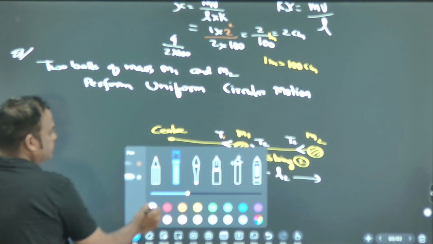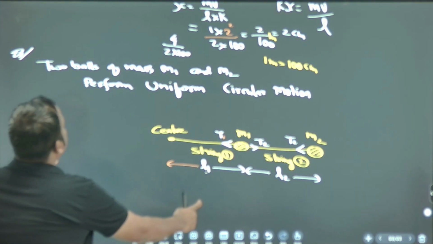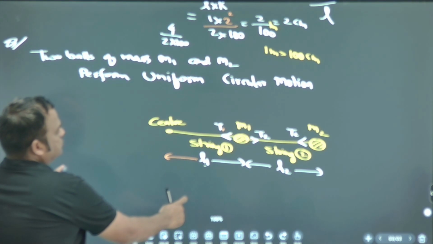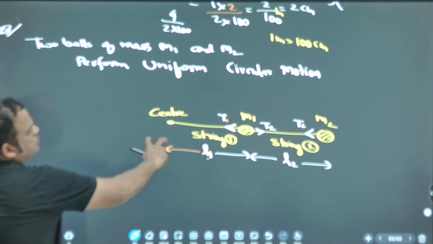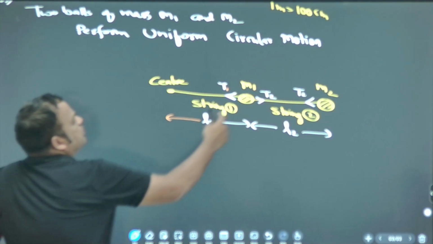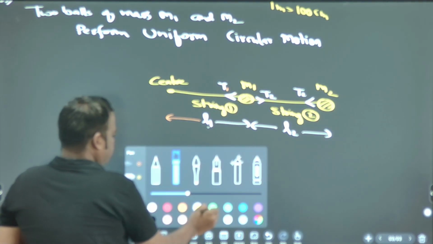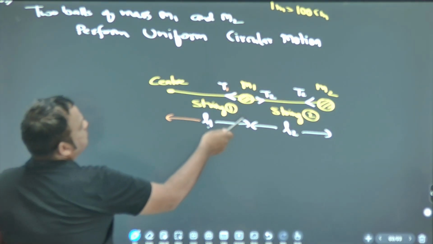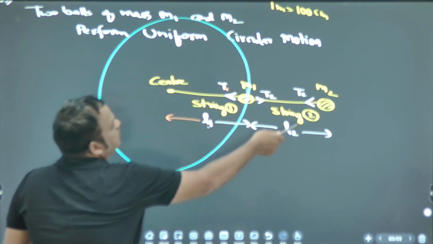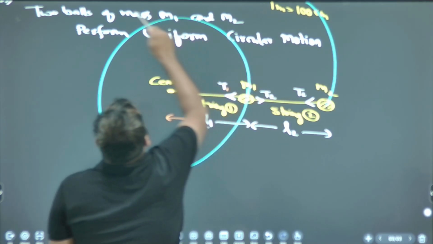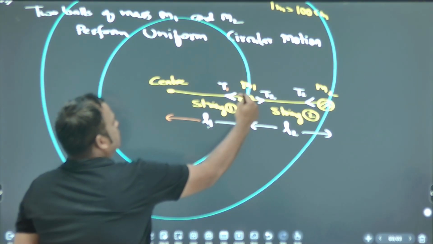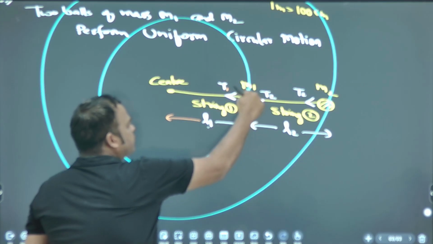Which is greater? M1 is performing circular motion of radius L1. M2 is performing circular motion of radius L1 plus L2. So what is the direction of net force?